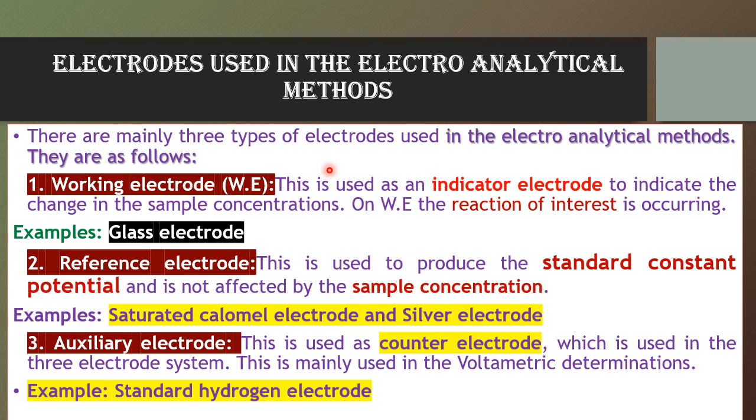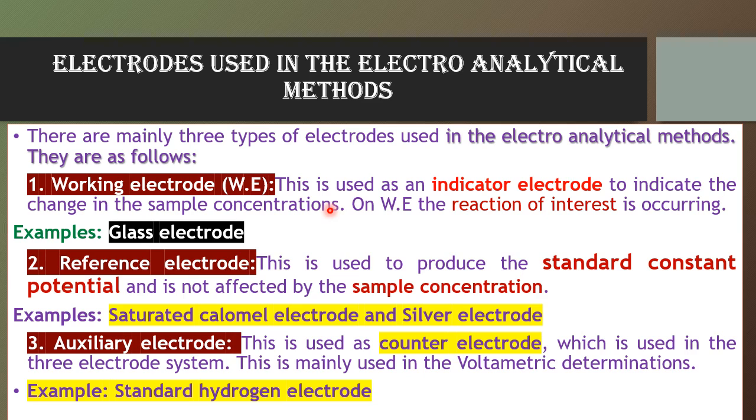The working electrode is also known as the indicator electrode, because it is that type of electrode which is going to measure the potential of the sample, meaning it is going to indicate the change in sample concentration; its potential will change according to the change in the sample concentration. So on the working electrode, our reaction of interest is occurring. It means the working electrode is that electrode on which either an oxidation or reduction reaction will take place.